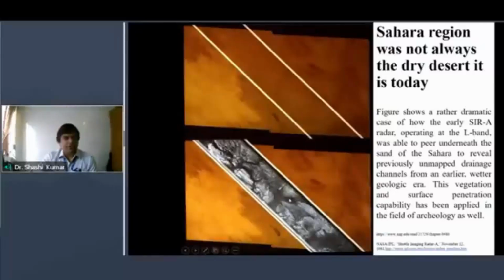With the help of L-band, one can see that the same area, which was appearing completely smooth in the optical multispectral data set, now appears as a rough surface having some kind of structural information in the SAR data set. So paleo channel information could be easily seen here. Paleo channels were easily detected with the help of the SAR data set in the Sahara Desert.